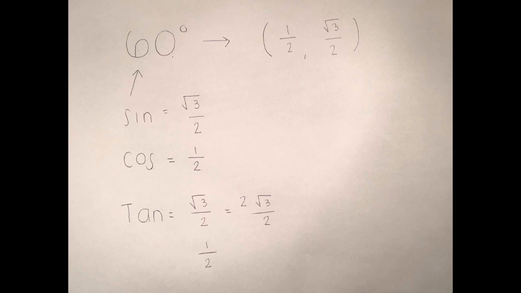So it will be 2 multiplying the root square of 3 over 6. But we can leave it like that or we can simplify it. 2 over 2 will be 1, leaving only the root square of 3, and 6 over 2 will be 3. So the result of the cotangent of 60 degrees will be the root square of 3 over 3.